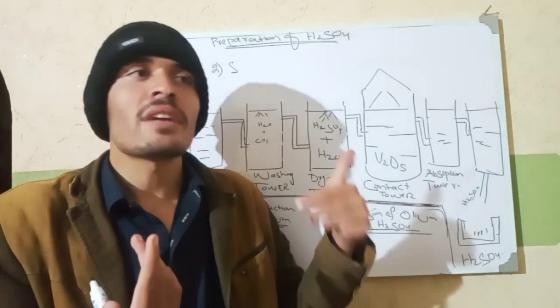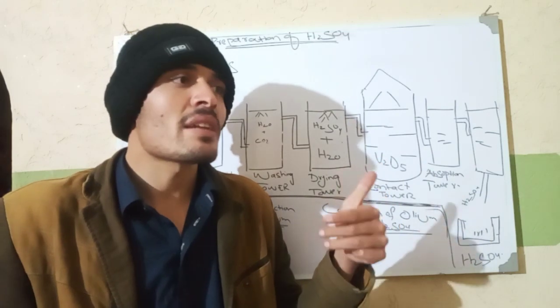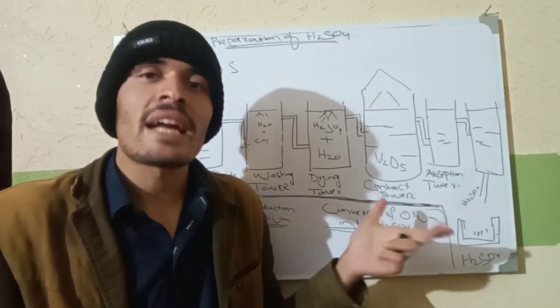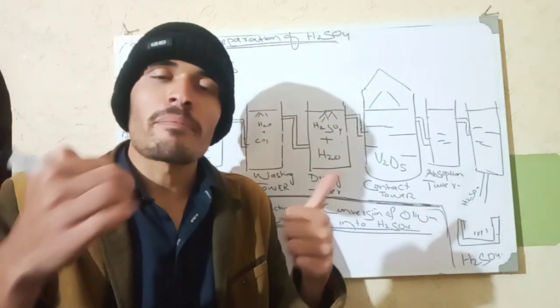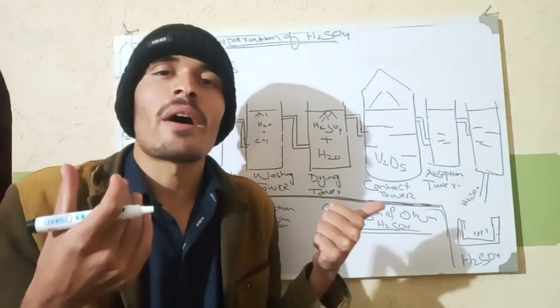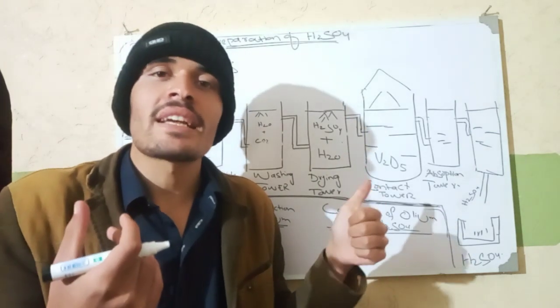In a further step we add another oxygen, so they form sulfur trioxide. By the end, in our last chamber, we add sulfuric acid to the sulfur trioxide, so the sulfur trioxide combines with the H2SO4 and forms oleum. And in the last step the sulfuric acid is produced.